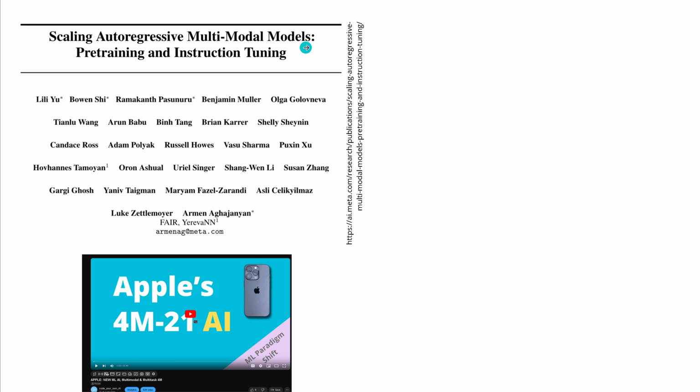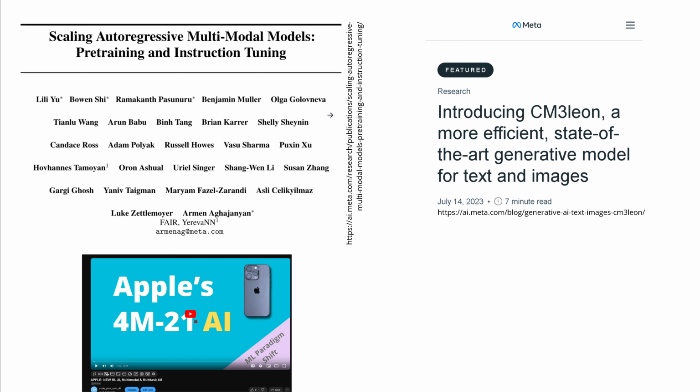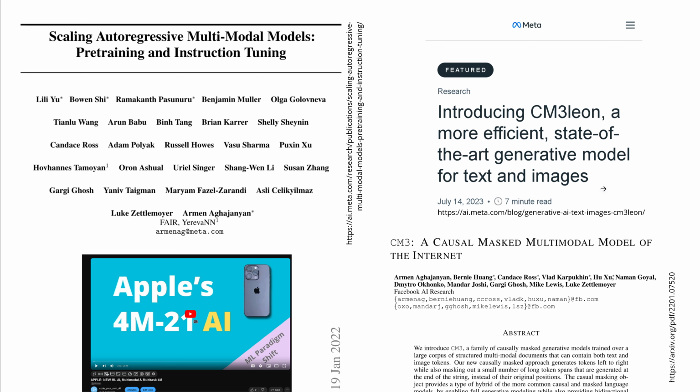And you might say, what a coincidence. Well, it is not really a coincidence, because the architecture and the technology that this model used was introduced more or less exactly a year ago, July 14, 2023. On the AI Meta blog they introduced Chameleon or CM3Leon, a more efficient state-of-the-art generative model for text and images. So really close to what Apple came out with, but their technology was based on CM3.